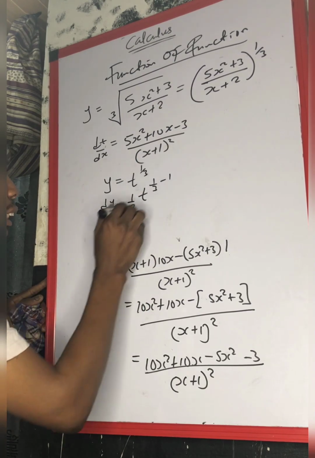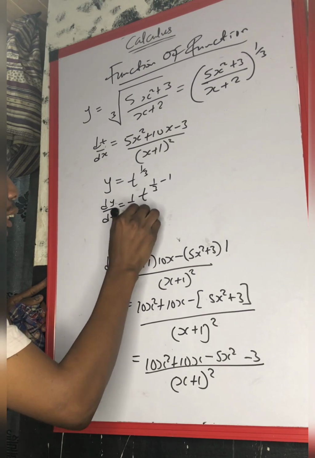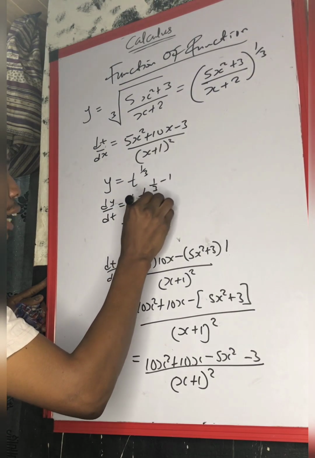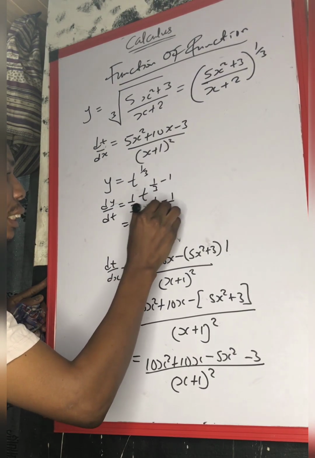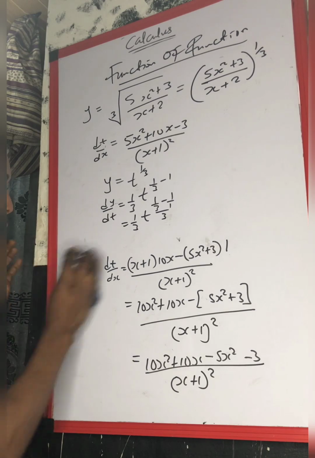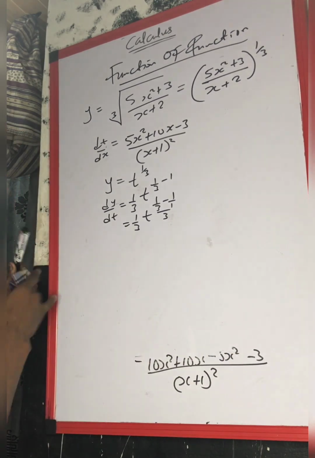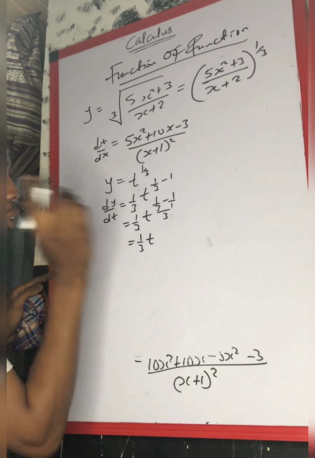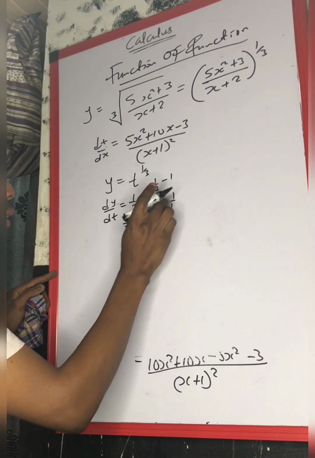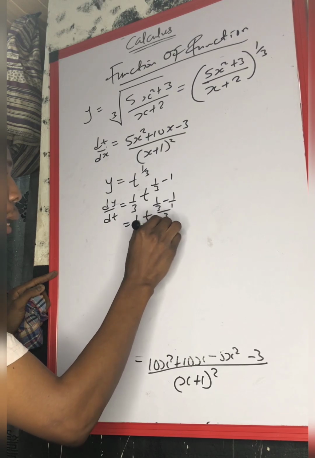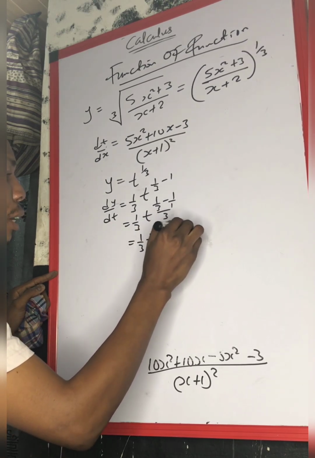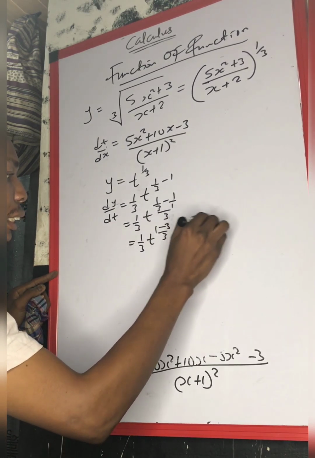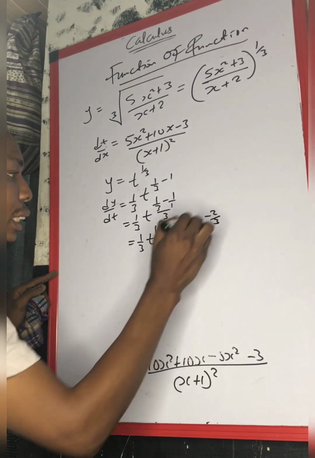So 1 over 3 minus 1, the LCM is 3. So this is written as 1 over 3 t to the power of (1 minus 3) over 3, so we have minus 2 over 3. So that gives us 1 over 3, then t to the power of minus 2 over 3.